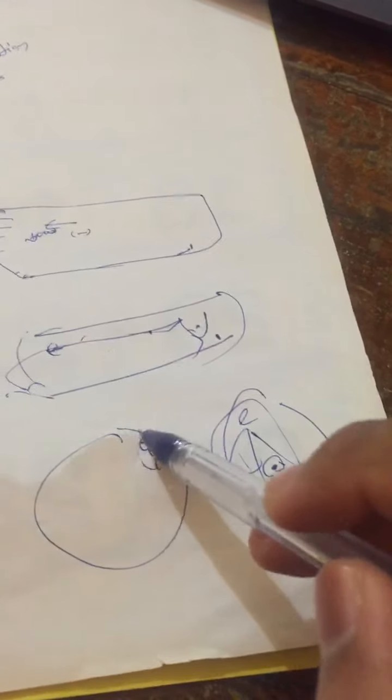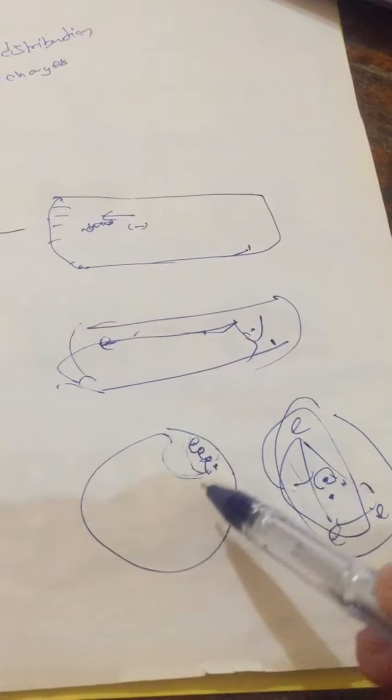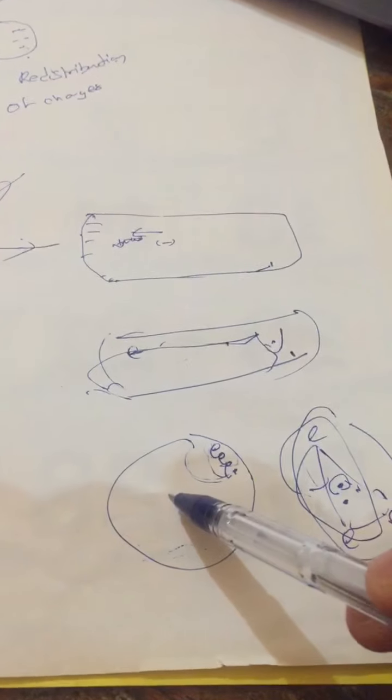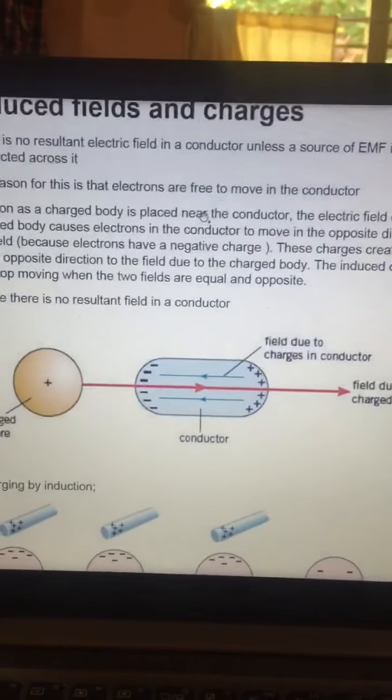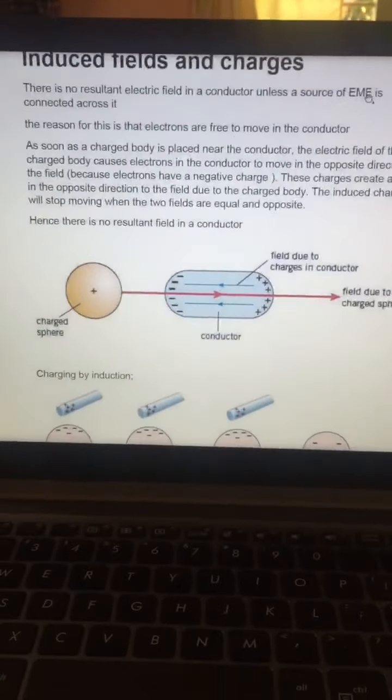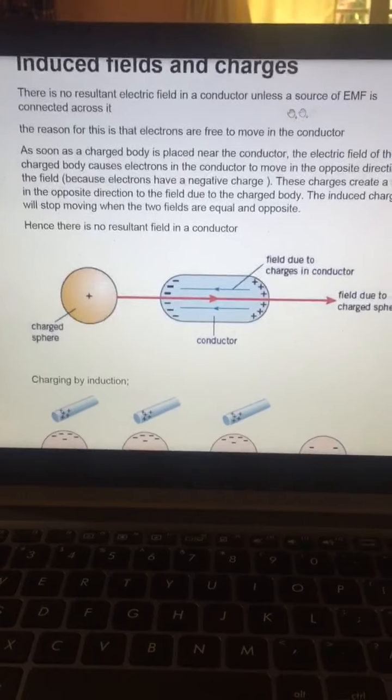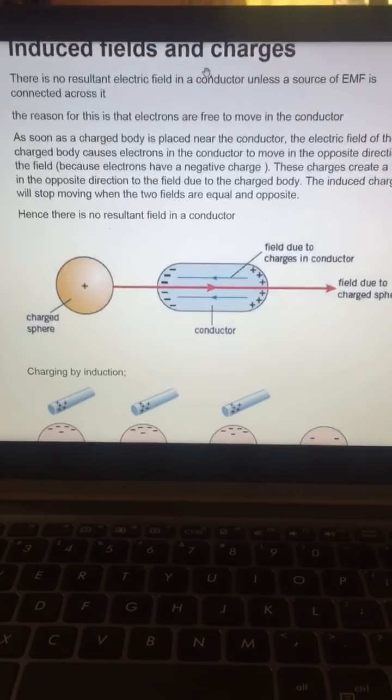Because the electrons are free to move, they will flow and achieve an equilibrium, a balanced state where the forces are balanced. So usually, unless there is an external voltage or external EMF, the electric field inside a conductor is zero.